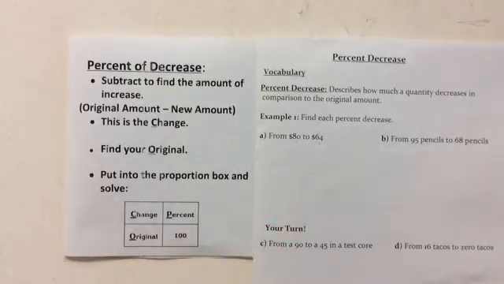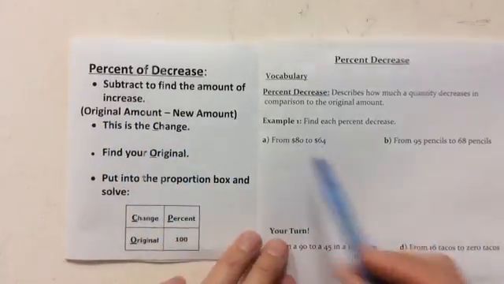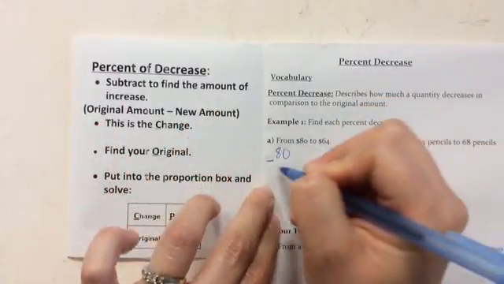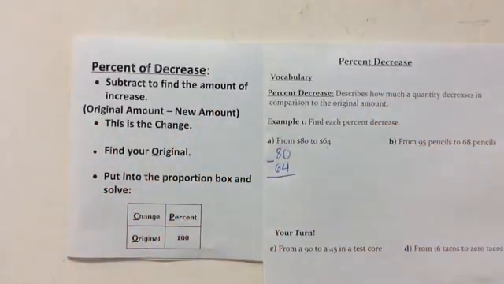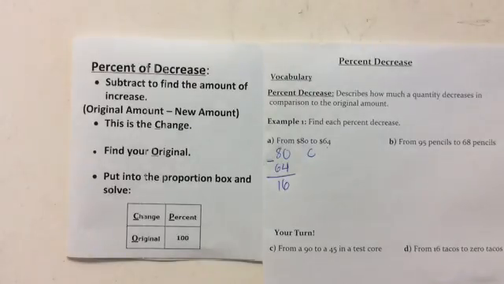So we need to do the original amount minus the new amount. You had originally $80 minus the $64 that you spent. So how much money do we have left over right now? We have 16 bucks. From there, you get your change. How much did it change from 80 to 64?